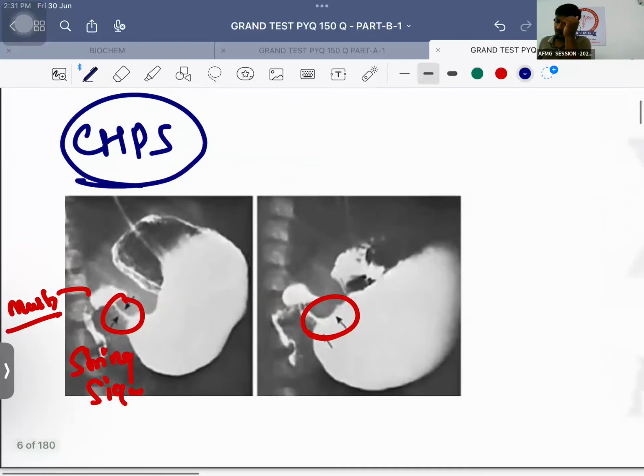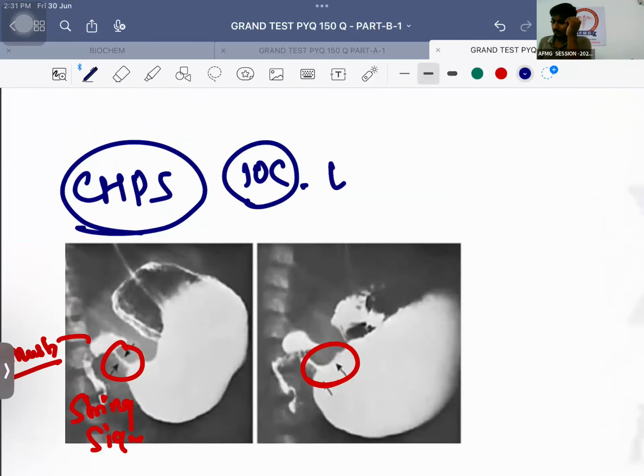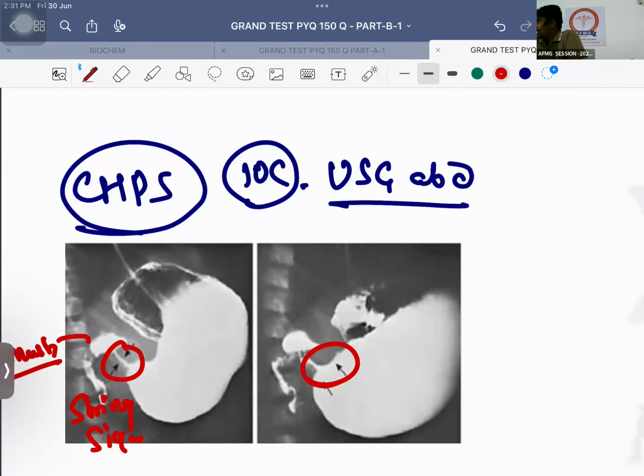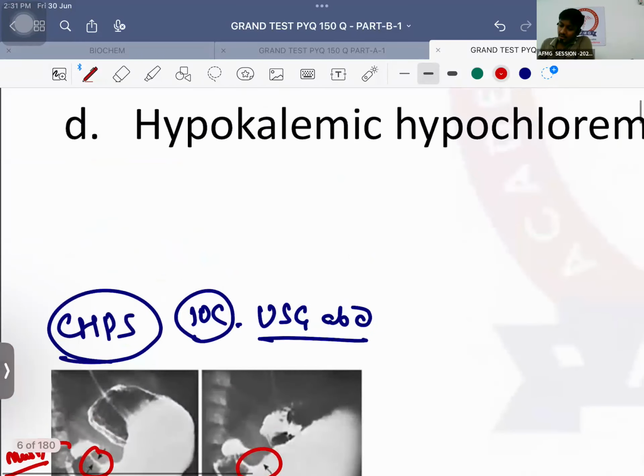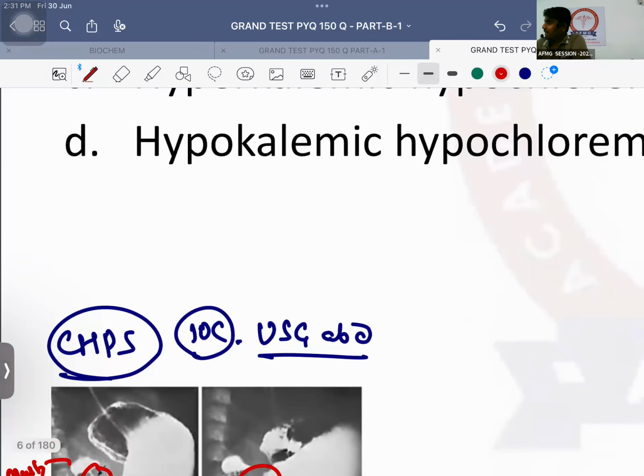But what is the investigation of choice? Investigation of choice is ultrasound abdomen because it shows thickness of the pyloric muscles itself. Okay? And treatment of choice is surgery: Ramstedt's pyloromyotomy.